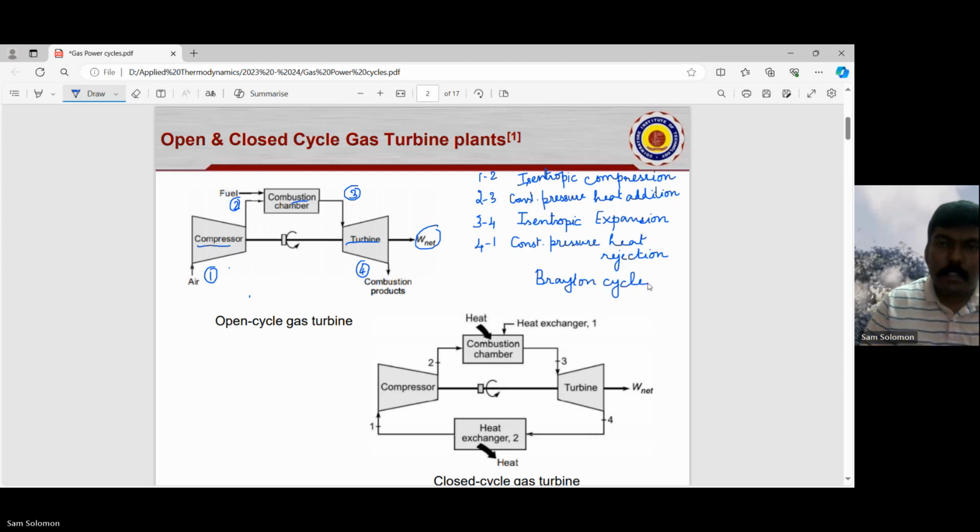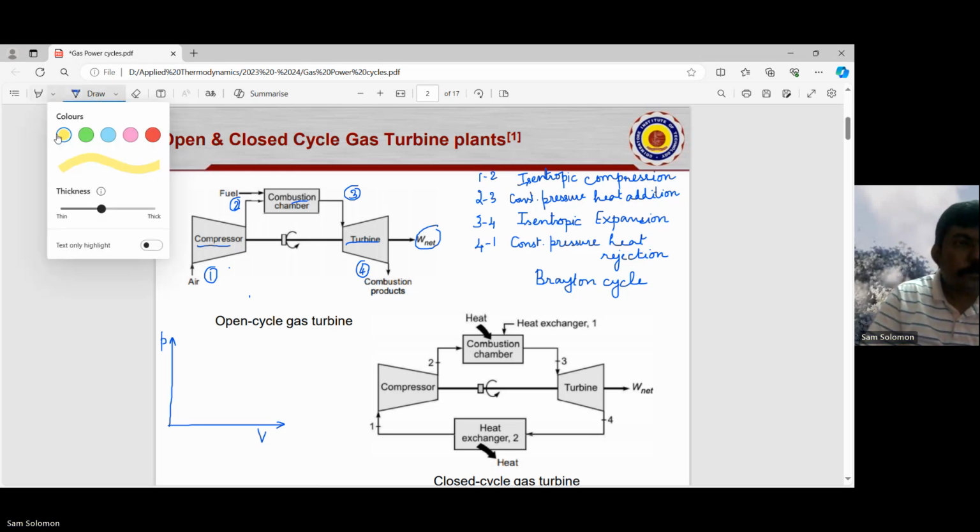Okay. So now if we look at the PV diagram for this, you have pressure on the y-axis and volume on the x-axis. So what we need to know is this particular Brayton cycle.